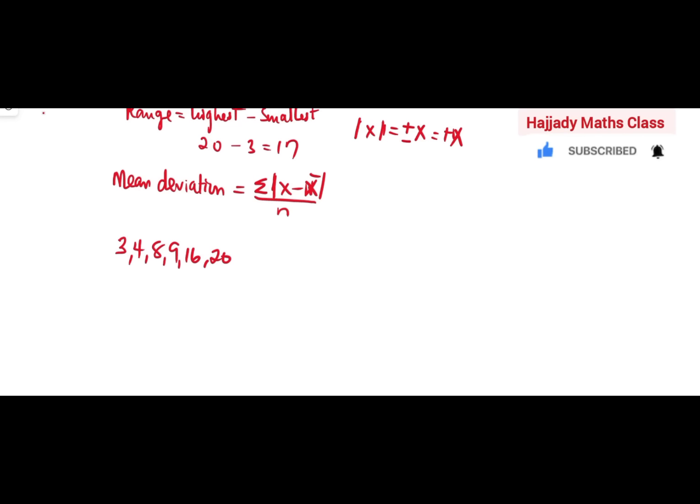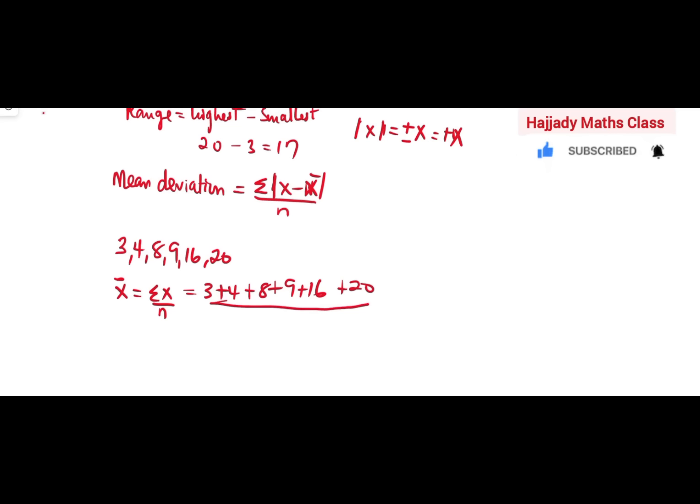The first thing for us to do is to calculate the mean, which we talked about in our previous video. Don't forget that the formula for the mean, x bar, is the summation of x over n. That means all these observations must be added together. So we have 3 plus 4 plus 8 plus 9 plus 16 plus 20, everything over how many observations? 1, 2, 3, 4, 5, 6.